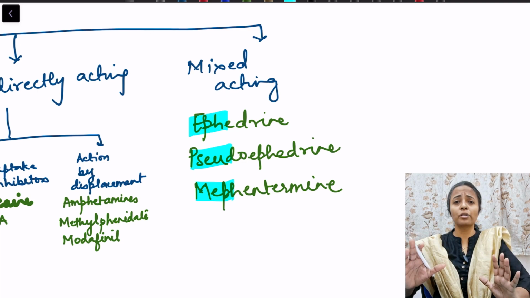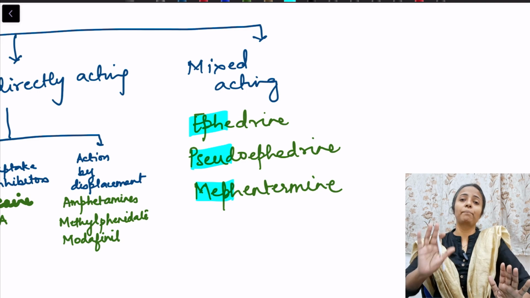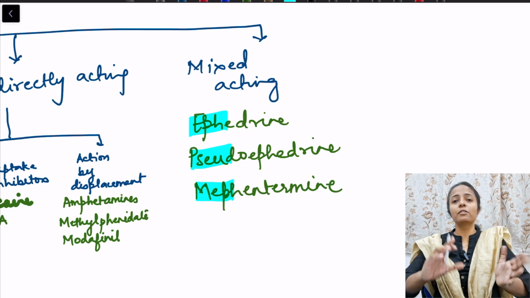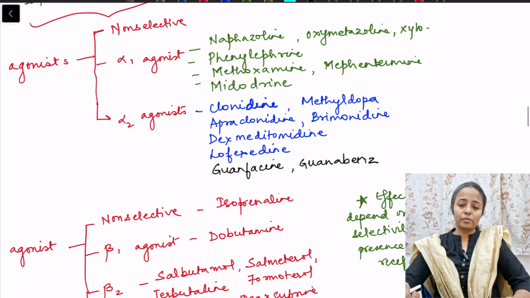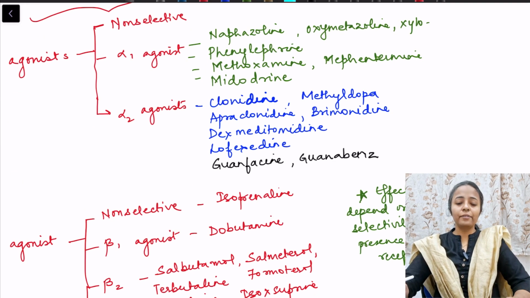Some examples you should remember, but you should better remember them as which of them is the agonist of which receptor. So that we are going to talk about now one by one, what is the action of these drugs. So here we have the non-selective and selective agonists, and we have the alpha agonists and beta agonists.